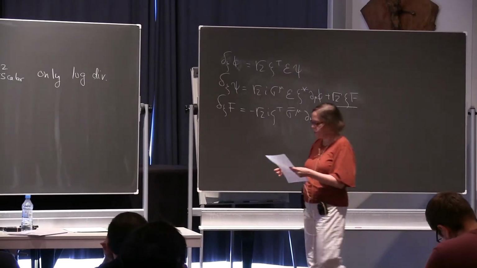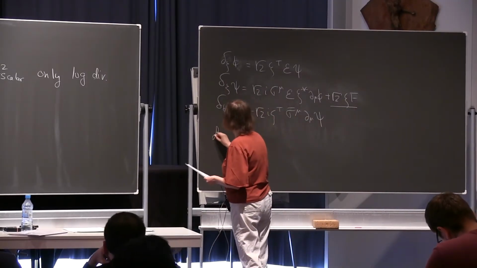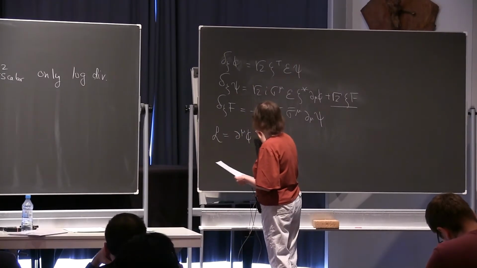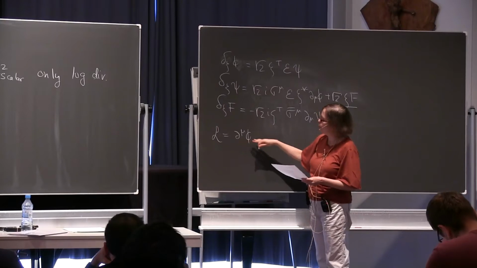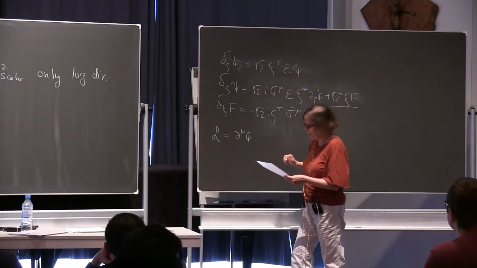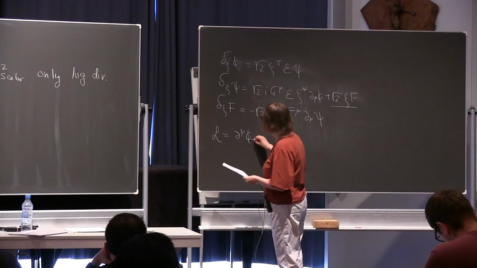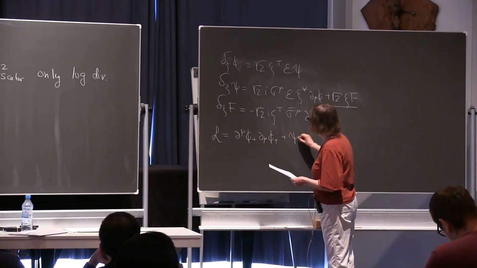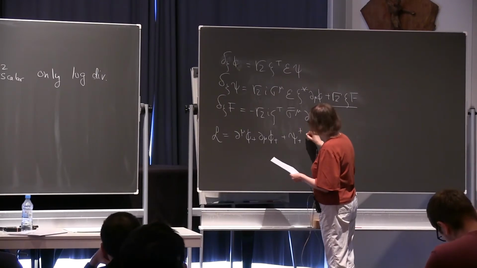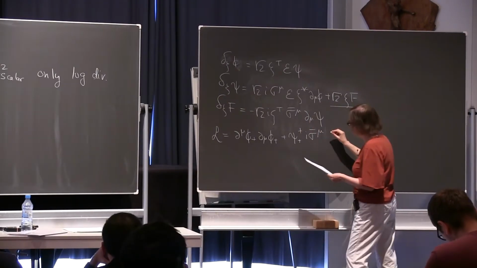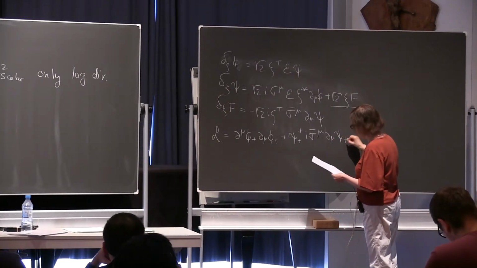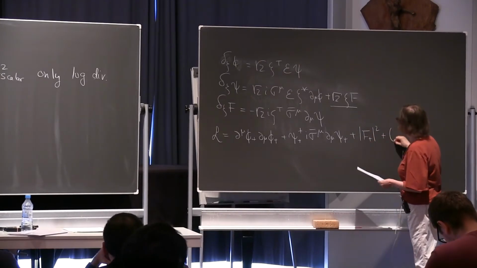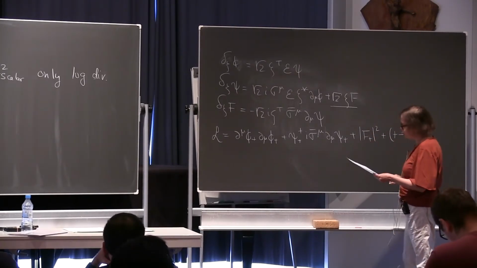So the Lagrangian that we want to write down in this case is, first of all, the same thing that we had before. So now let me write it for both phi plus and phi minus. So this is d mu phi plus, d mu phi plus, plus psi plus dagger i sigma bar mu d mu psi plus, plus f plus squared, and the same thing with plus replaced by minus.